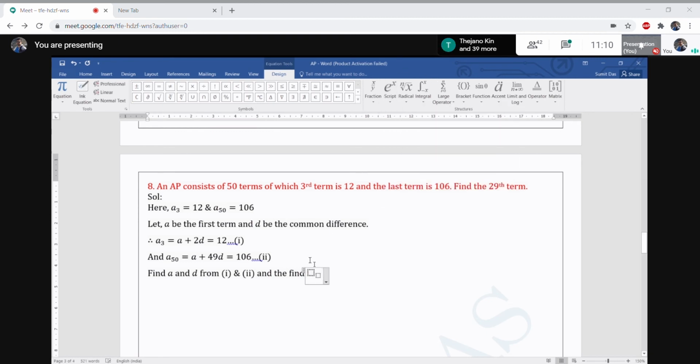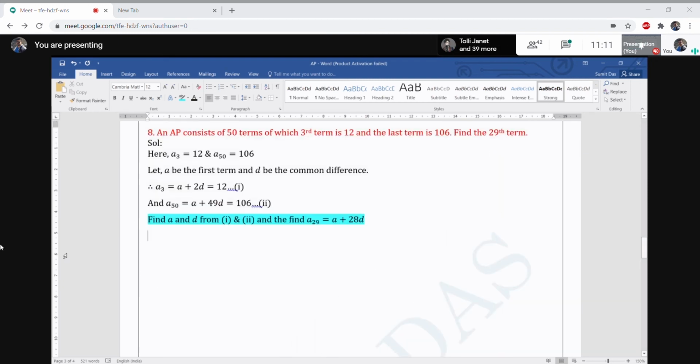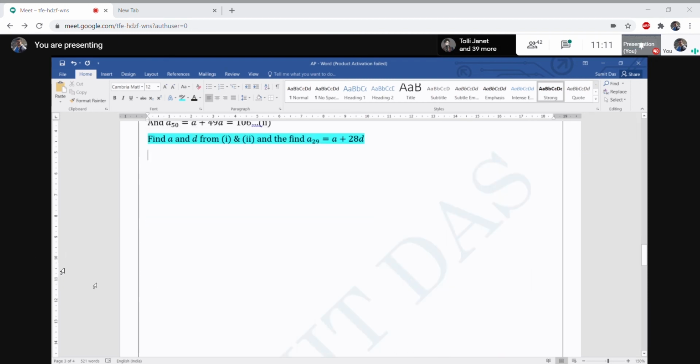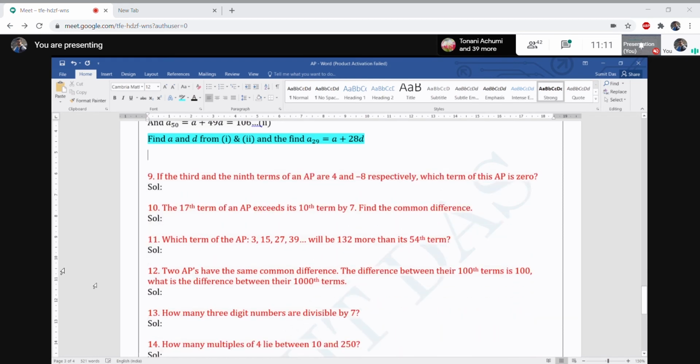I'm giving it as homework. A29 is equal to A plus 28D. Just put the values. I hope you can do this by yourself. If you find difficulty, let me know and we can do it next day. Because it's the same as number 7, I'm not doing it.